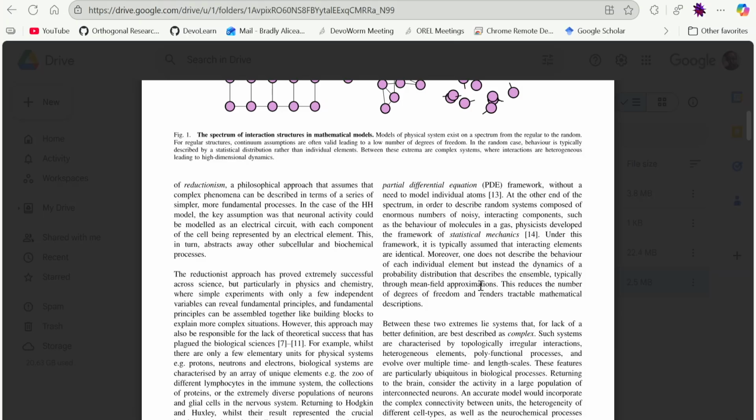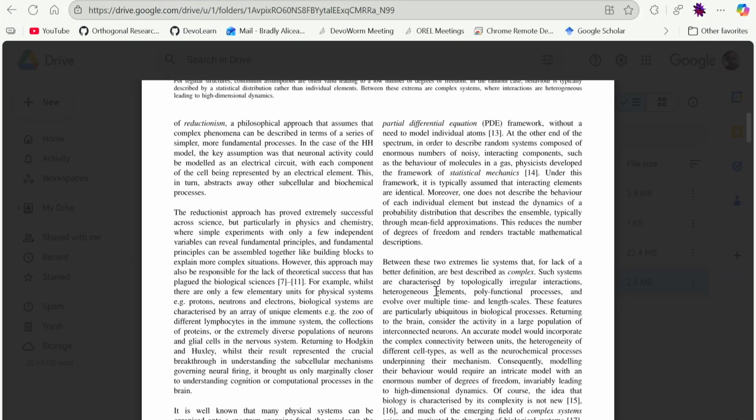And then we can use mean field approximations to characterize an ensemble, and that describes the state of the system without incident because everything is homogeneous. And so between these two extremes lie systems that, for lack of a better definition, are best described as complex. These are where we have topologically irregular interactions, heterogeneous elements, polyfunctional processes, and that evolve over multiple time and length scales. So basically anything that is biology.